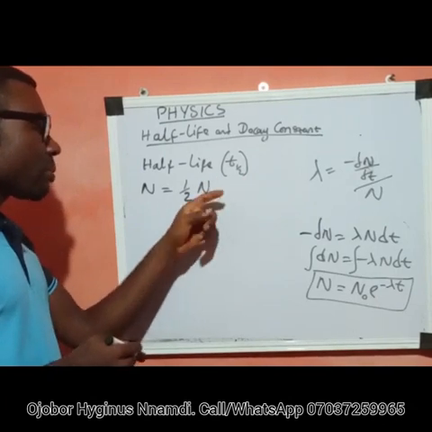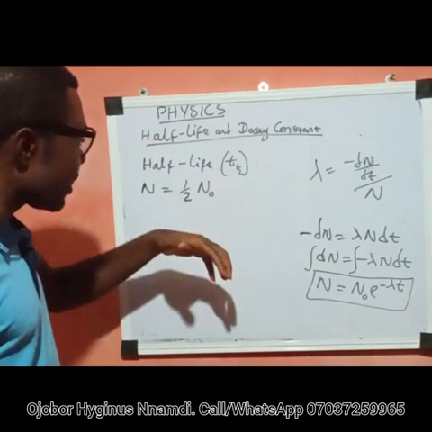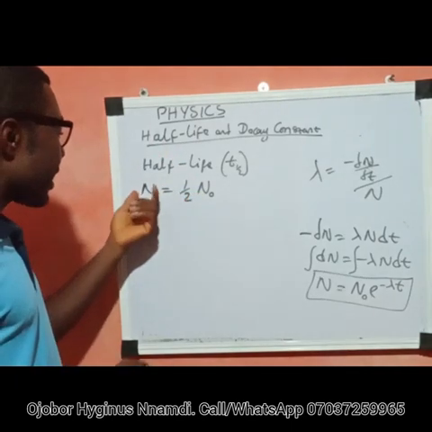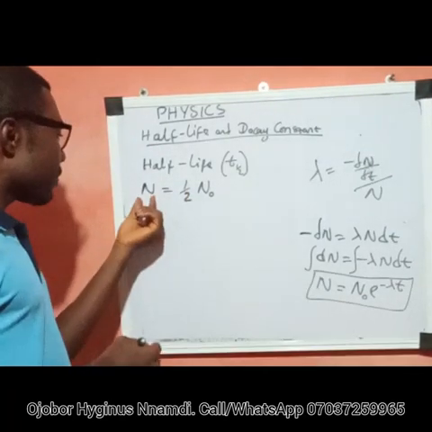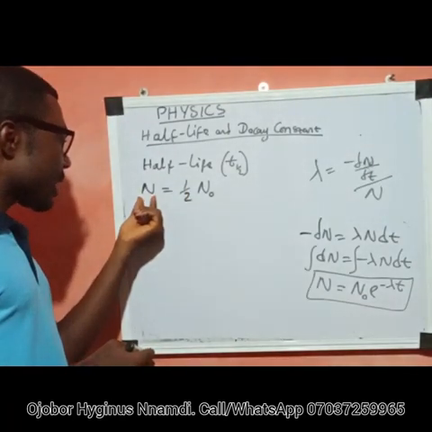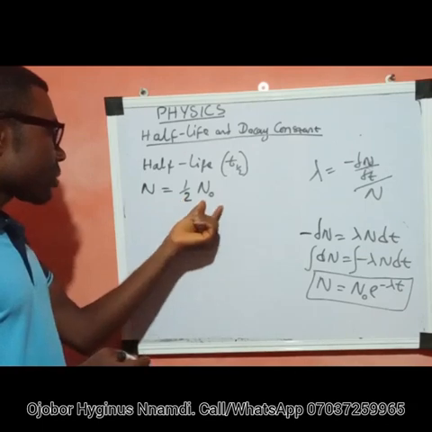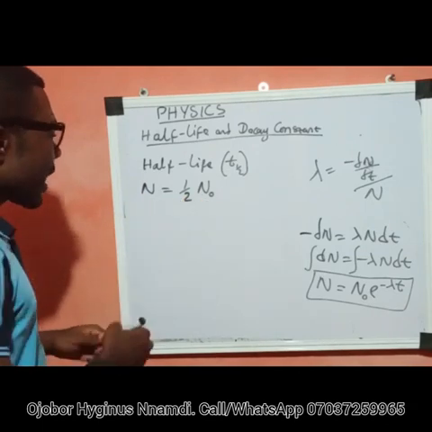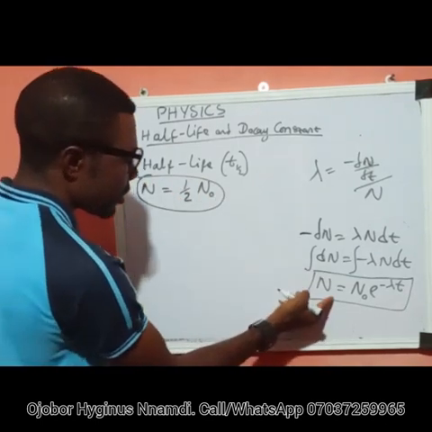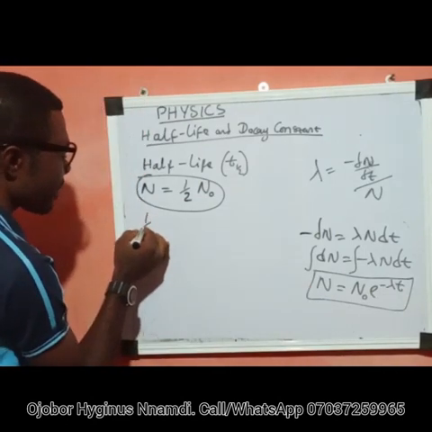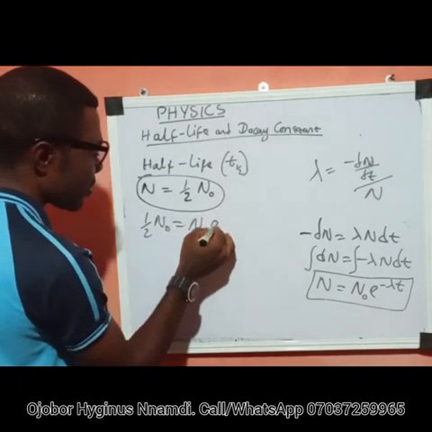Remember I said N naught is the original number of atoms present in a radioactive element, while N is the number of atoms present after decay. So if N is now the number of atoms present after half-life, then half N naught will be equal to N. We can replace N with half N naught in this other equation, so that we have half N naught equal to N naught exponent minus lambda t.